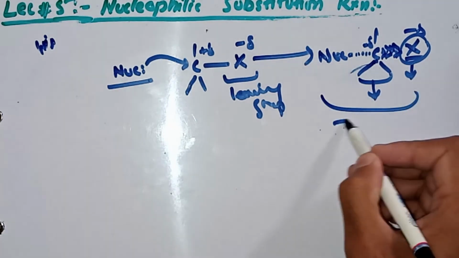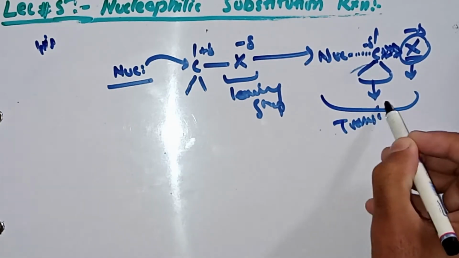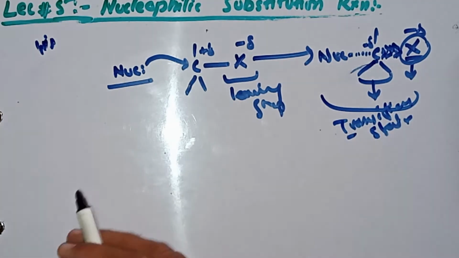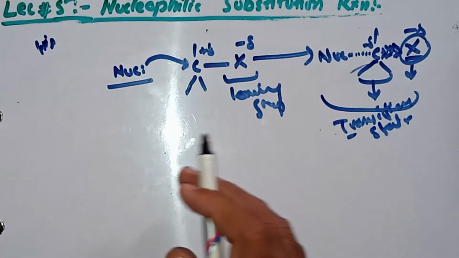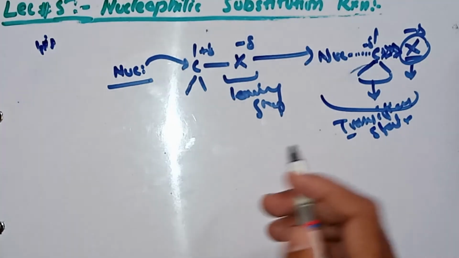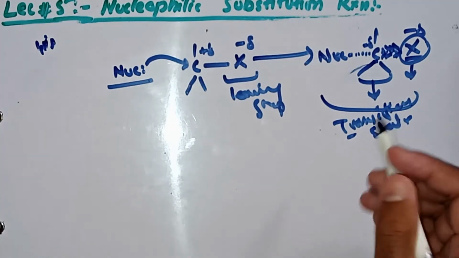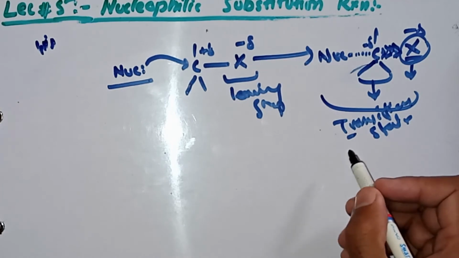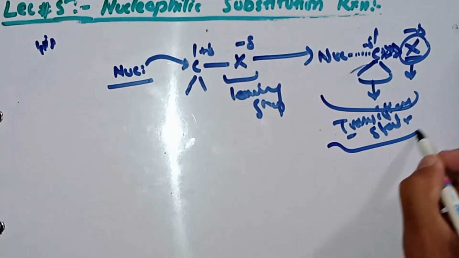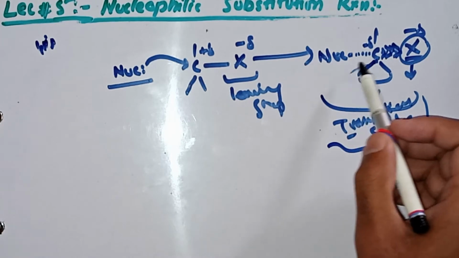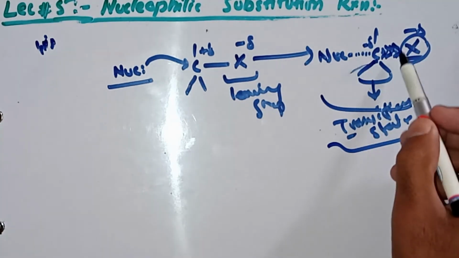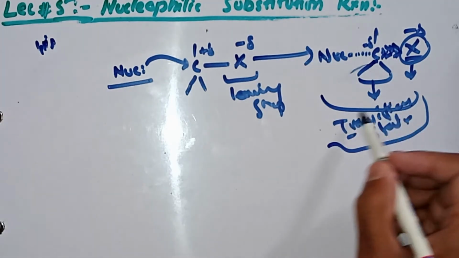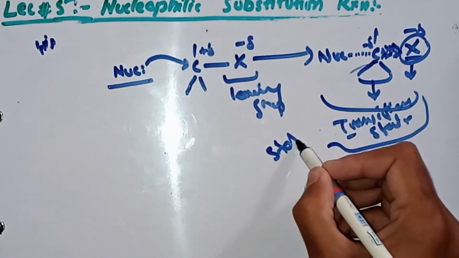It means that the transition state becomes stable. As I already told you in the third statement, a good leaving group is one that gives more stability to the transition state. So a strong electron withdrawing group will increase the stability of the transition state.